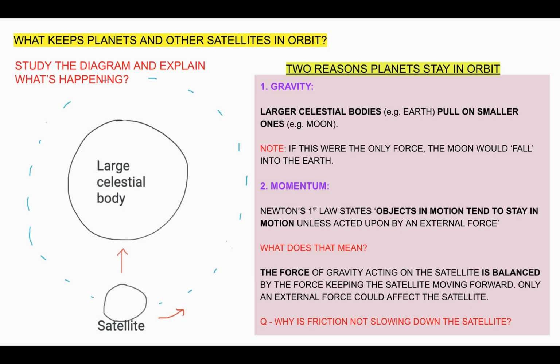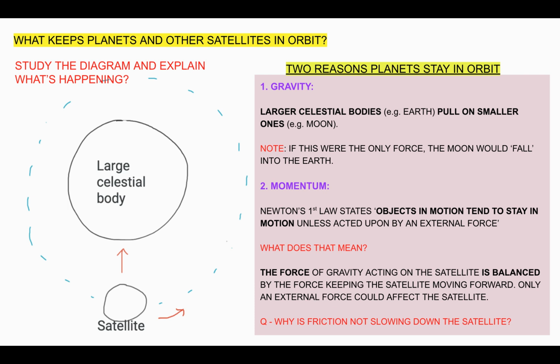I have a few bits of information here on the right that we want to read through and see can we understand. And let's read it together. The first thing, there's two main reasons here I want you to remember why planets stay in orbit. The first thing we could say here is gravity.